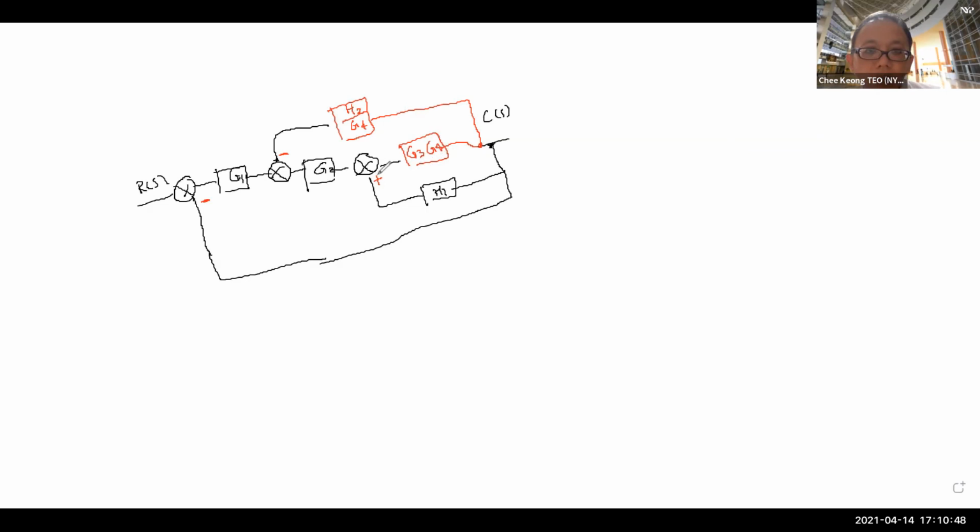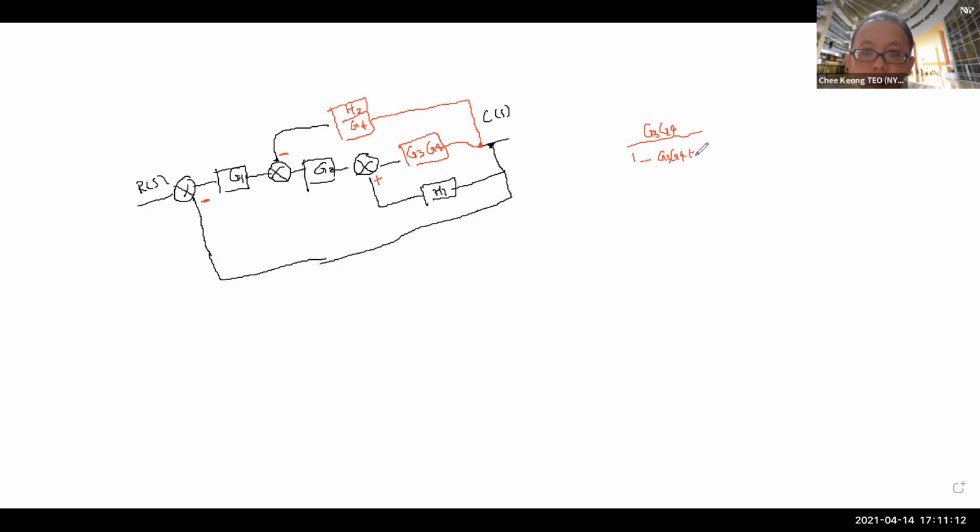Now you look at this, there is a rule 8 here, right? Rule 8, G over 1 minus GH. So what is G over 1 minus GH? G will be G3, G4 over 1, because this is plus, then we give a minus here, minus G3, G4, H. This is H1, H1 or H2? H1.